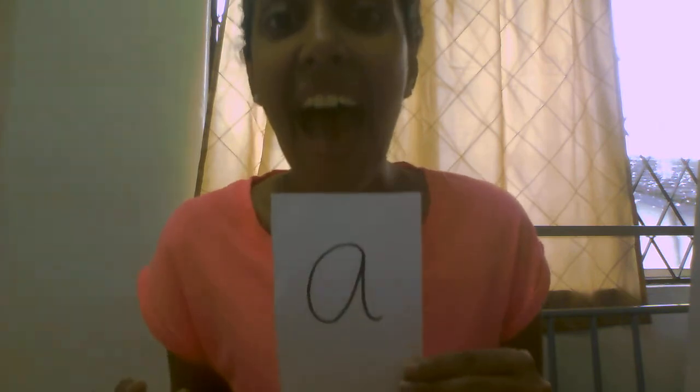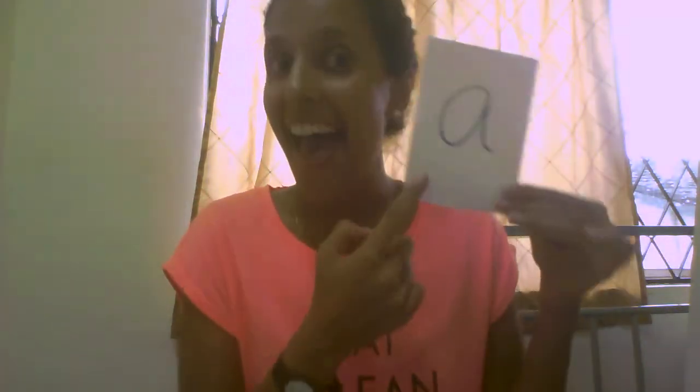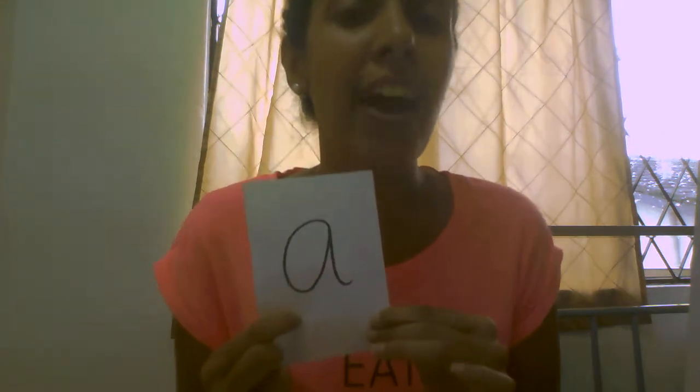This is ah. Can you say ah with me? This is ah. That's right. And there's a song that goes along with the letter sound ah. So let's have a look at the songbook.